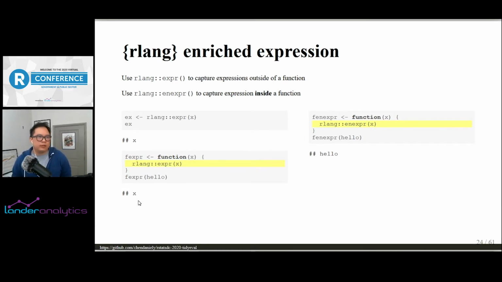In rlang, there is a function called enexpr, or enriched expression, and you use this function inside of a function to handle that: I want you to quote this thing, but don't quote the function parameter I gave you, actually quote the thing that the user passed in, right? So we use enexpr for that.